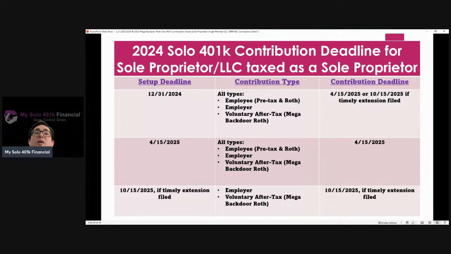Otherwise, if they set up the plan after April 15th, 2025, they could still set up a plan and make contributions by October 15th, but only employer and voluntary after-tax contributions. In other words, they'll lose the ability to make employee contributions for 2024.